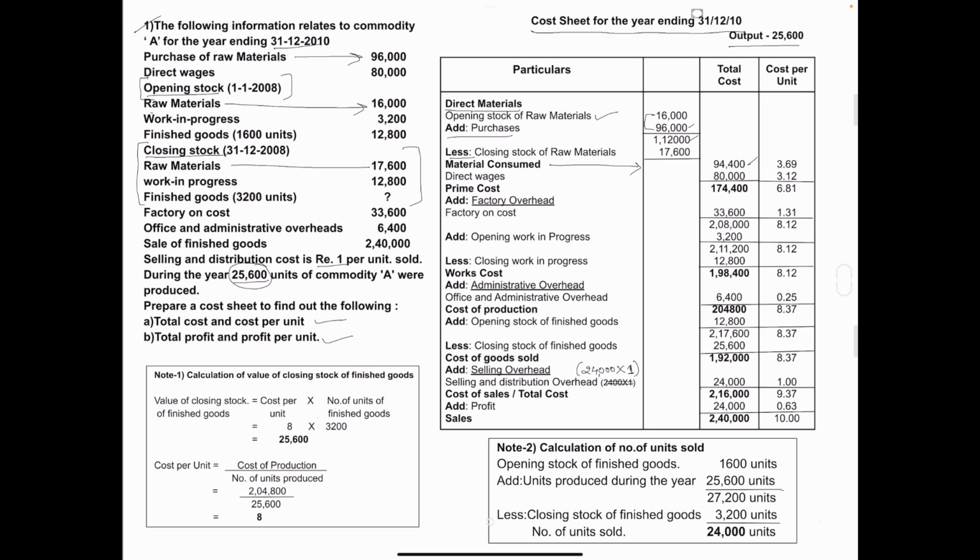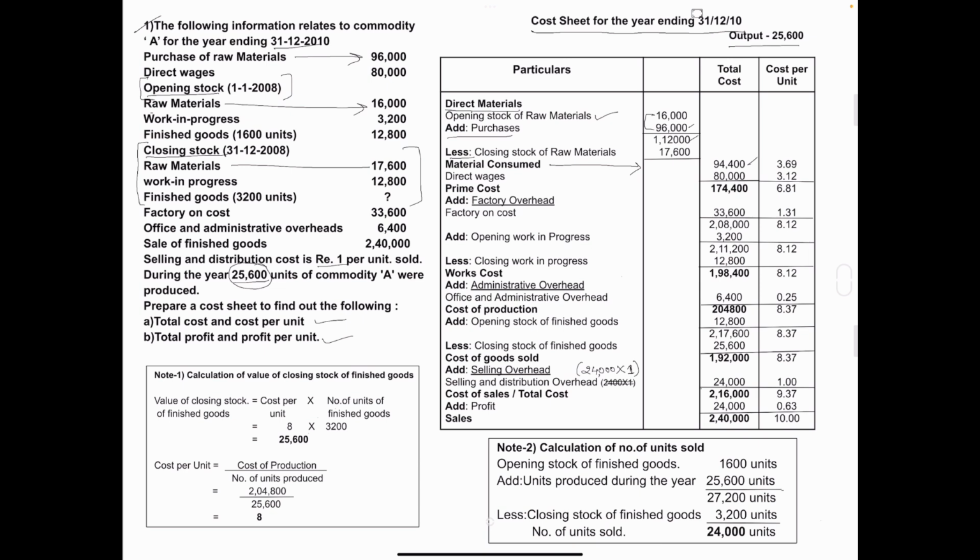So in this problem we have to calculate total cost plus we have to calculate cost per unit. So 94,400 is the total cost of material consumed. Now we have to calculate cost per unit. For that, what you have to do? 94,400 divided by 25,600.